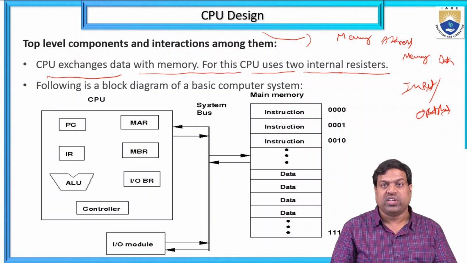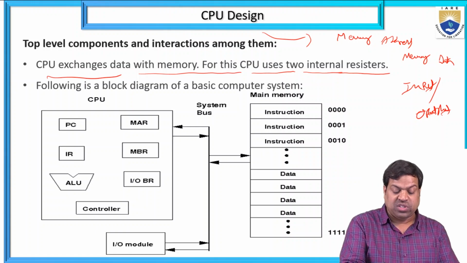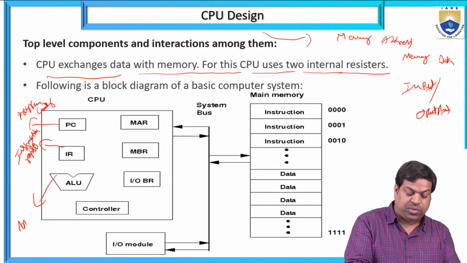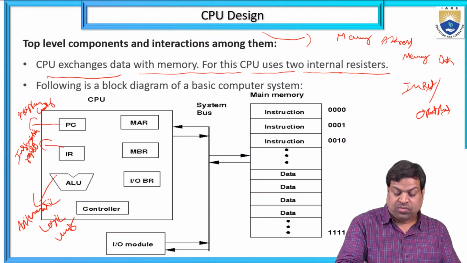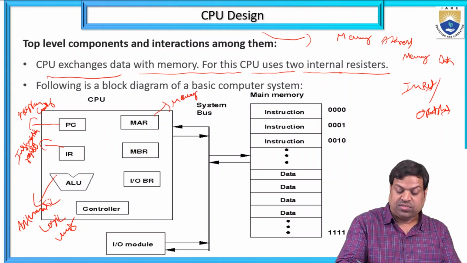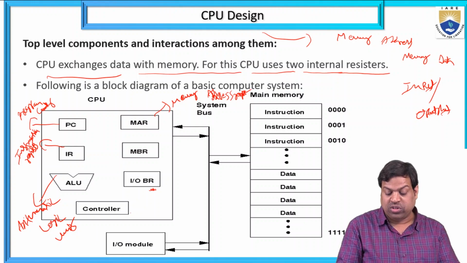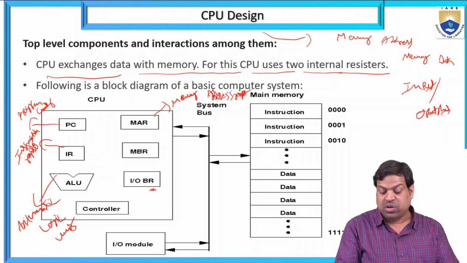Following is a block diagram of a basic computer system I'm taking here: PC, program counter; IR, instruction register; ALU, arithmetic logic unit; MAR, memory address register; MBR or memory data register; input output branch, controller, input output modules. These subsystems are connected to the main memory.